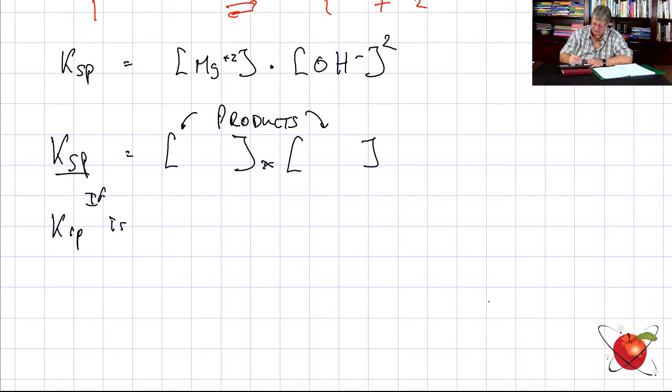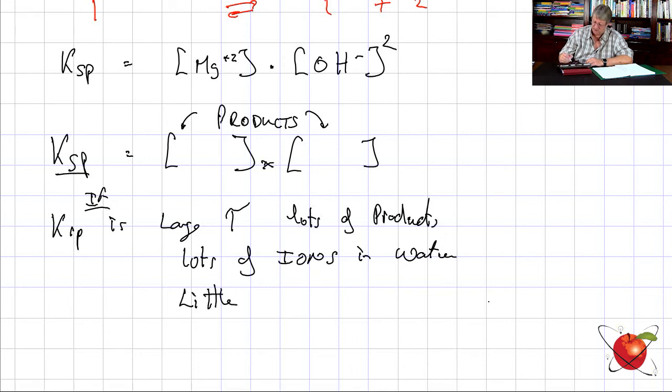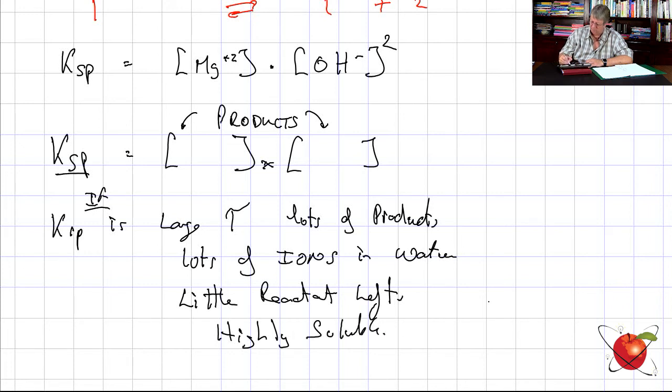Now, therefore, once again, if Ksp is a large number, it means we get lots of products. Lots of products means lots of ions in the water, which means little reactant left, which means it's highly soluble, doesn't it?